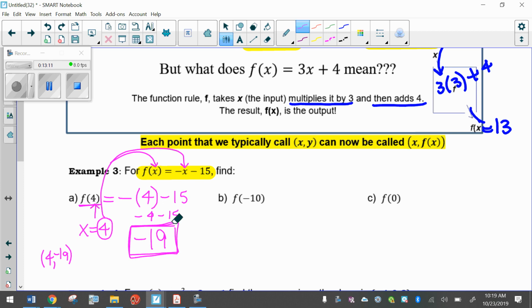All right, f of negative 10, same idea. So I take this negative 10, get rid of some of these arrows, and switch up our color a little. We're going to take this guy, and we're going to put him in there. So it's going to be negative, then your number, negative 10 minus 15. Oh, be careful of those double negatives.